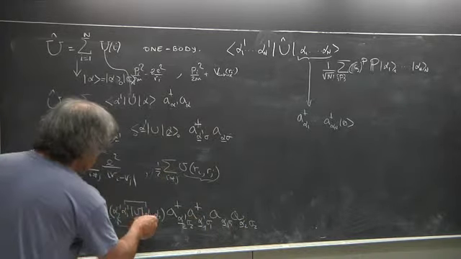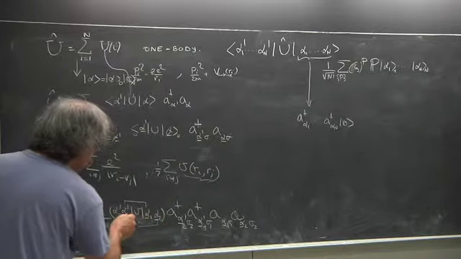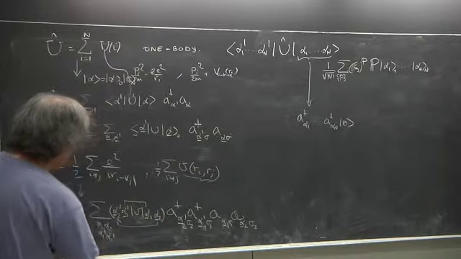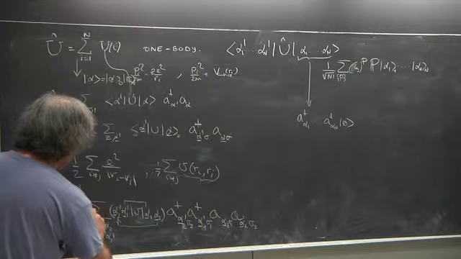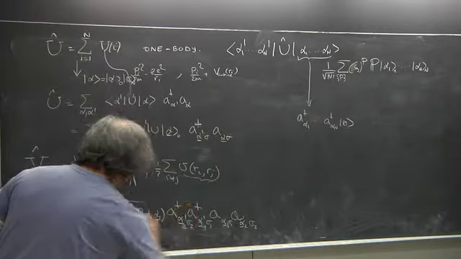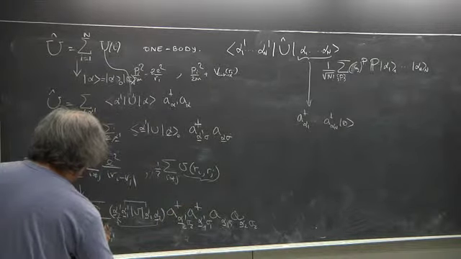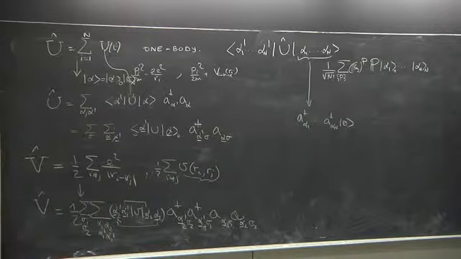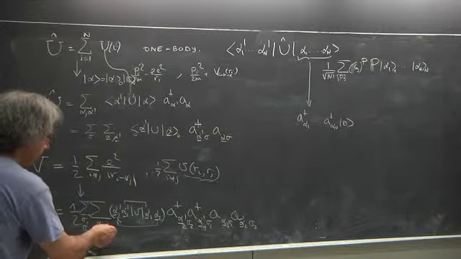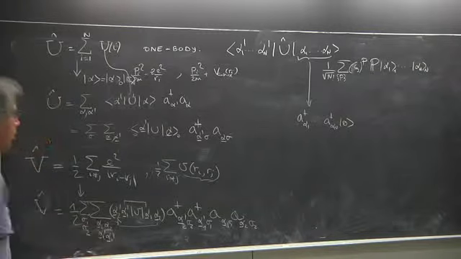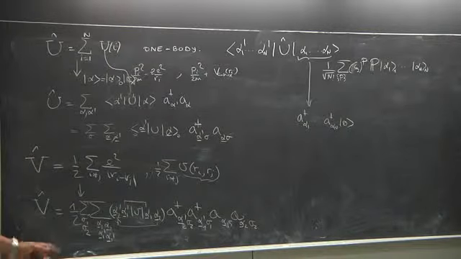At this point, these are just orbital part labels. However, I should add also a sum over the two indices of spin, sigma 1 and sigma 2. Okay? So this would be a more detailed expression for the Coulomb interaction or any other potential that does not depend on spin in second quantization. Okay?